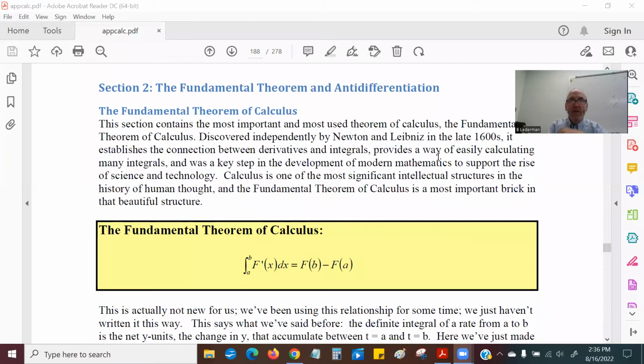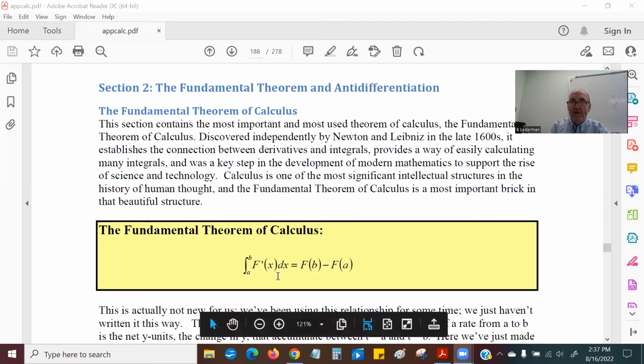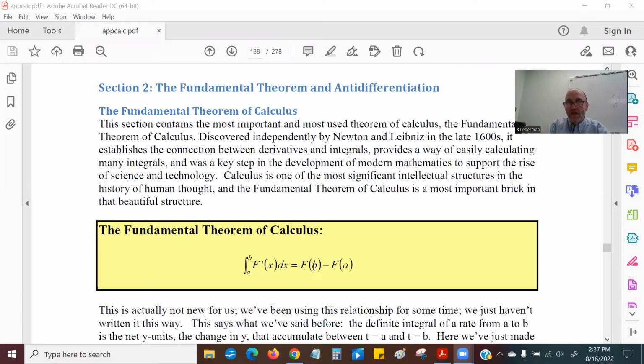And here we go. This is chapter 3, section 2, fundamental theorem of calculus. Here you go: the integral from a to b of f prime of x. In the last video, I usually referred to this as small f, and this is capital F. But small f is the derivative.